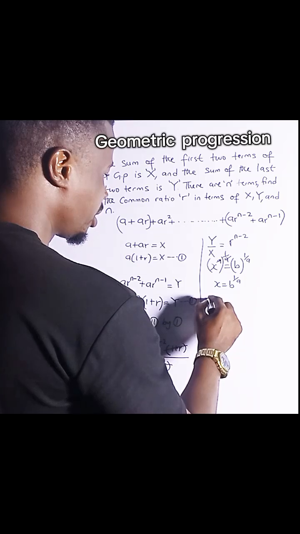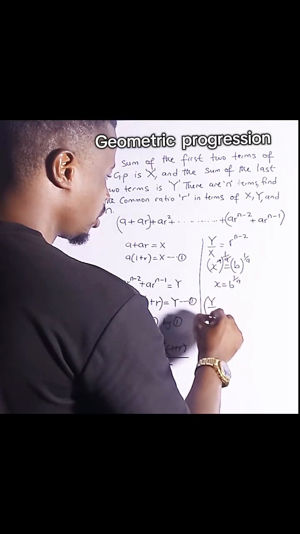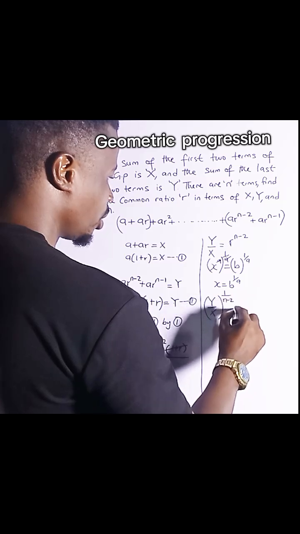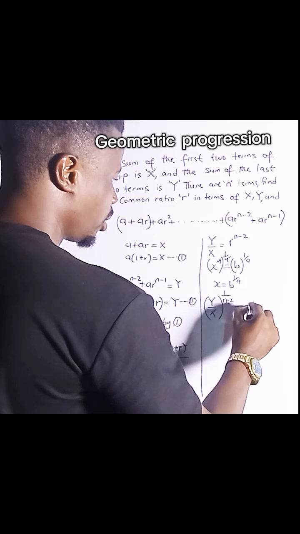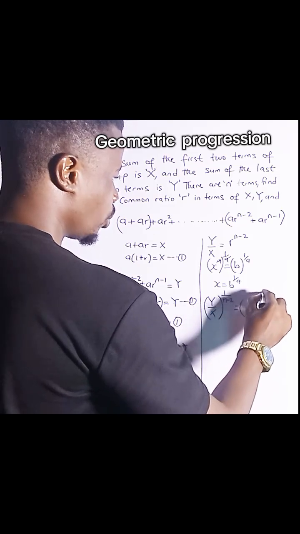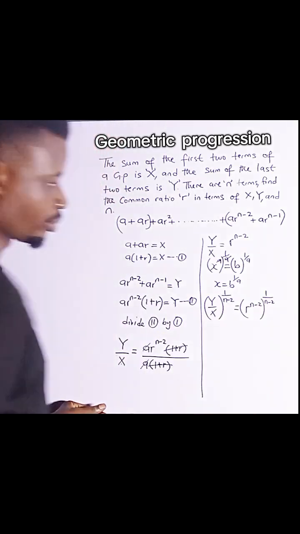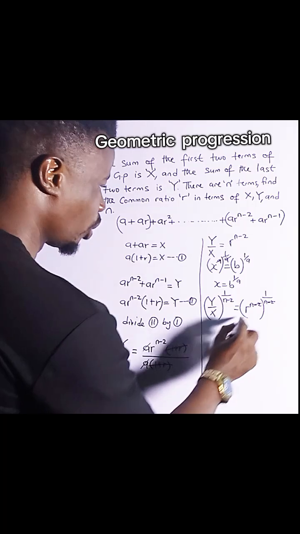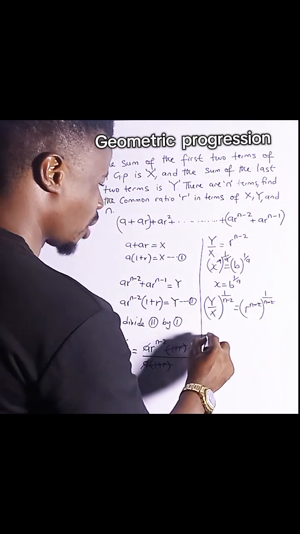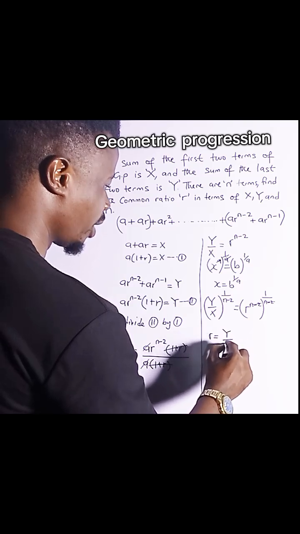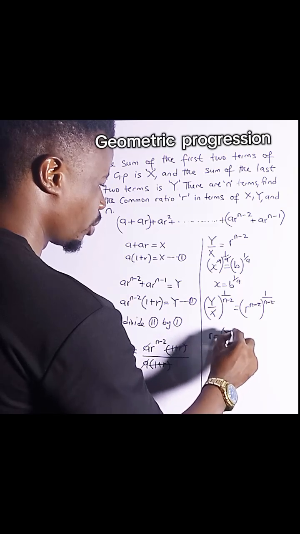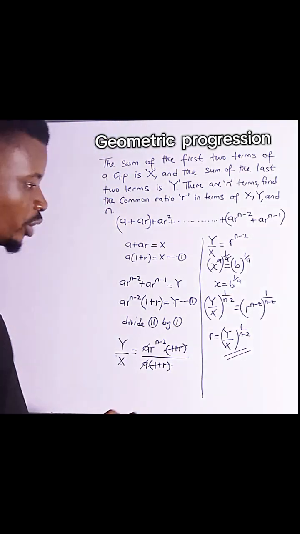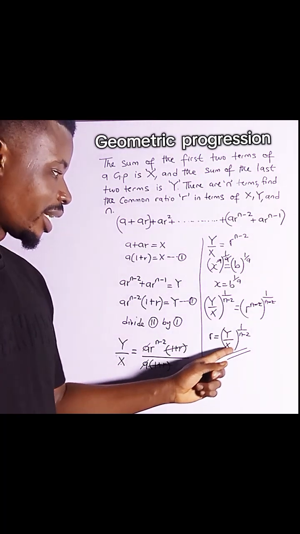So it means that I can raise y over x to the power of the reciprocal of n minus 2, which is 1 over n minus 2, is equal to r^(n-2) into 1 over n minus 2. You see that n minus 2 and n minus 2 will cancel out. So you have r raised to power 1. So your r is equal to (y over x) raised to power 1 over n minus 2. So that is your common ratio in terms of y, x, and n.